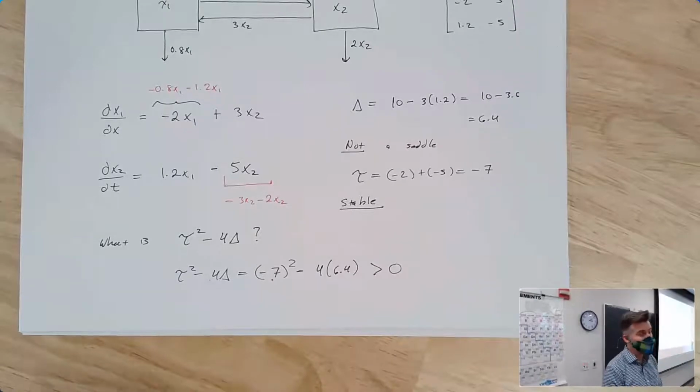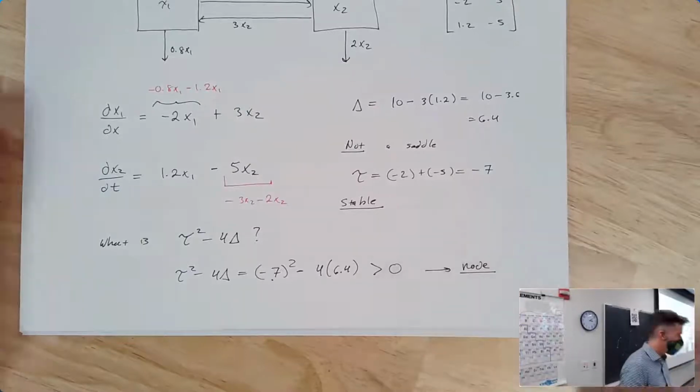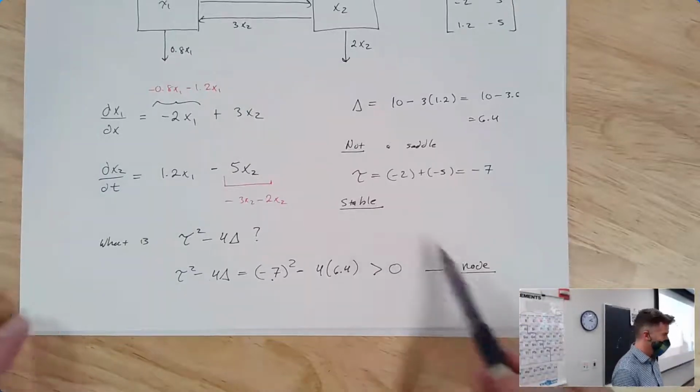Okay, now what does it mean that it's positive? What would our eigenvalues be, real or complex? Real, right? Because the discriminant is not negative. We're not taking the square root of a negative. So that means, oh, we have a node. So we have a stable node.